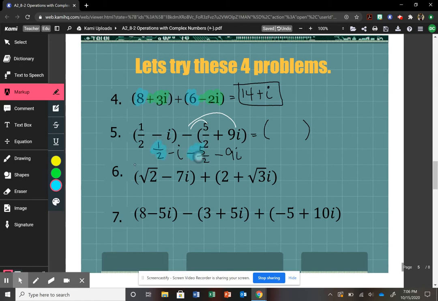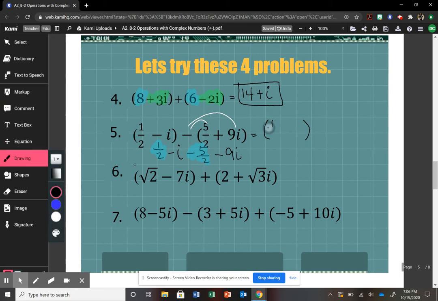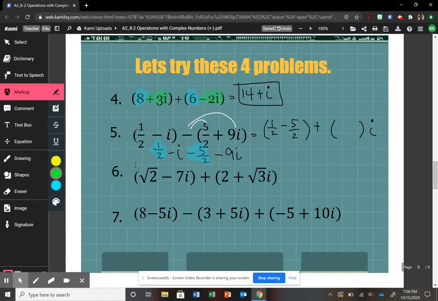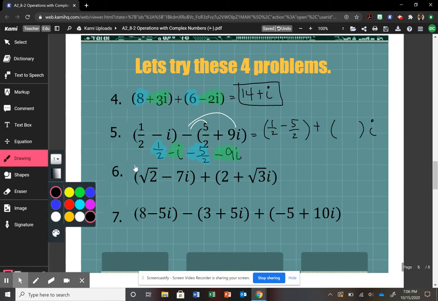So 1/2 minus 5/2, plus, and then I do the imaginary part. The imaginary part I combine. So this is a negative i or negative 1i. So I can write this as negative 1 minus 9.